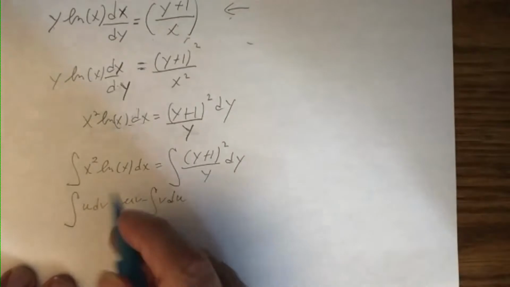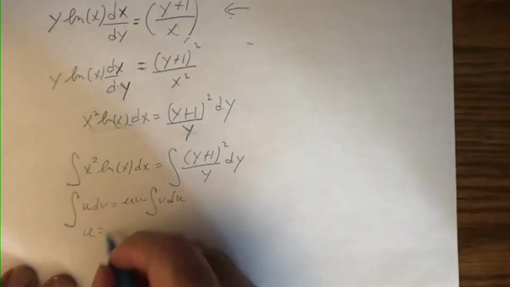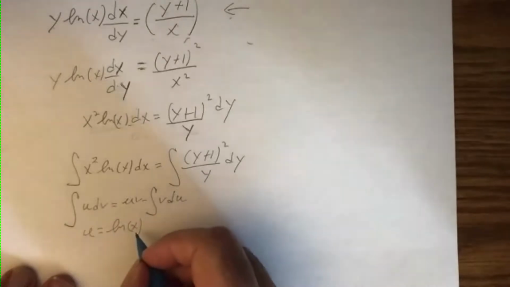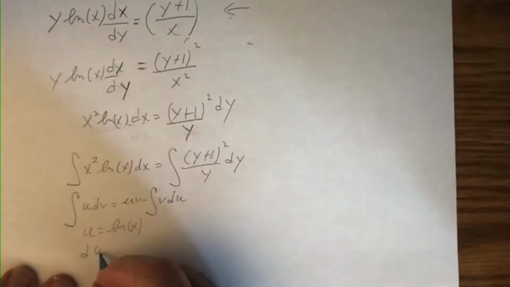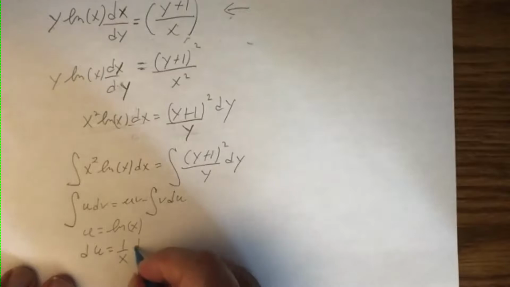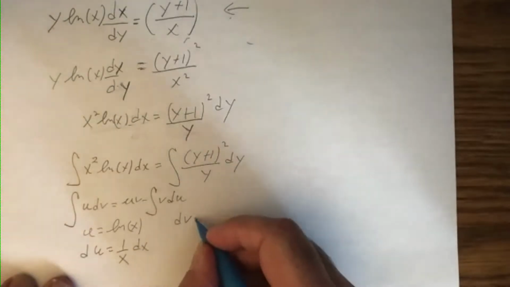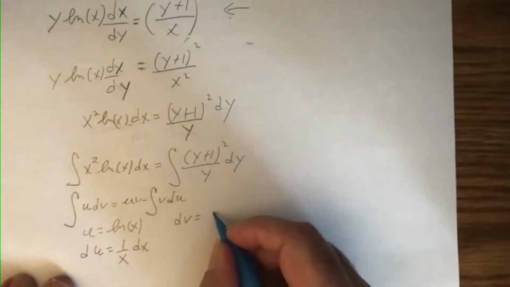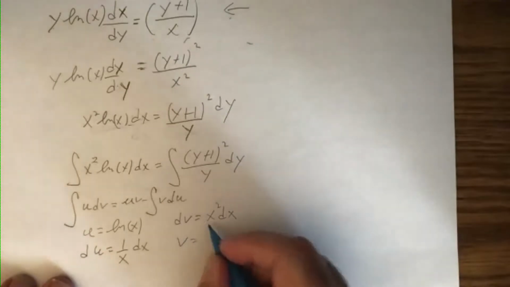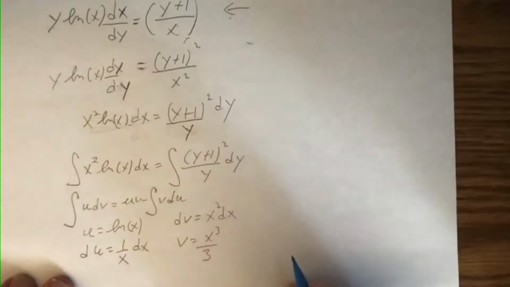So in this case here, I'm going to choose u to be equal to the natural log of x, right? So then my du is going to be equal to 1 over x dx, and then my dv is going to be equal to x squared dx. And then my v is x cubed over 3.